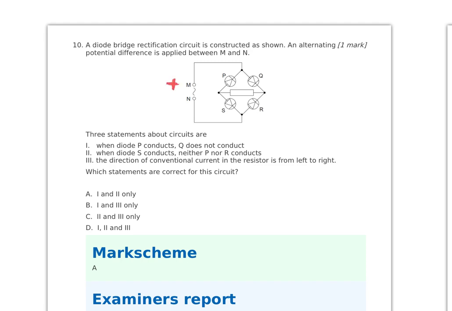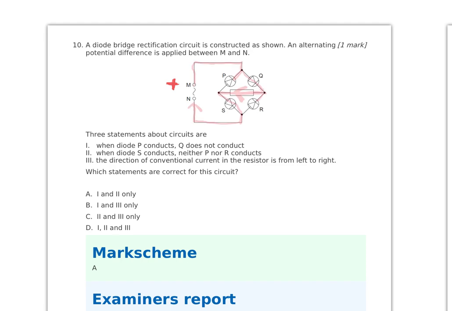So let's start with M being positive. So there's our path for the charge flow, and we are stopped at P, so P is not conducting and Q is. Now if I flip that around and I make N positive, one other thing, I wanted to point out that the direction of the current flow is to the left in that instance.